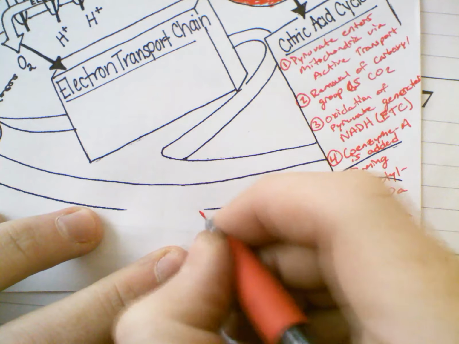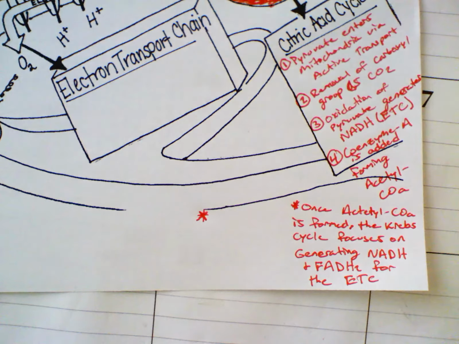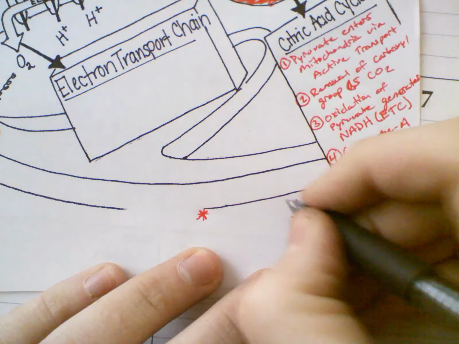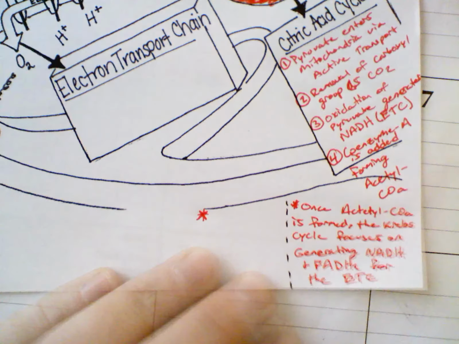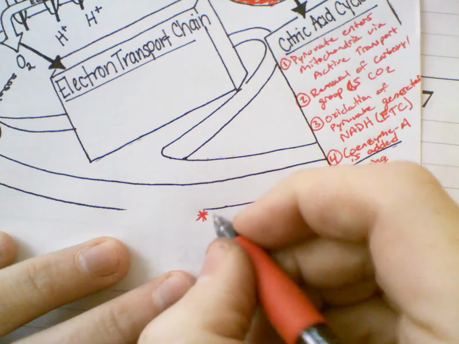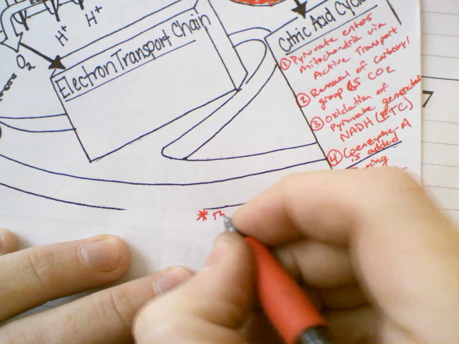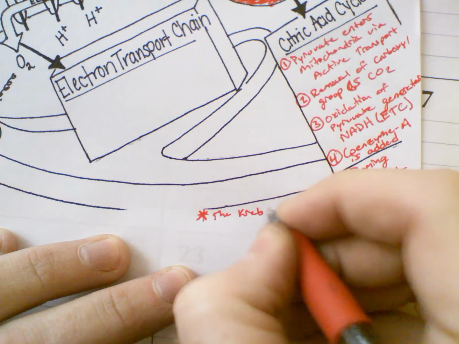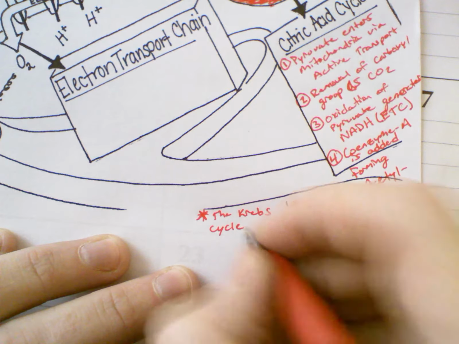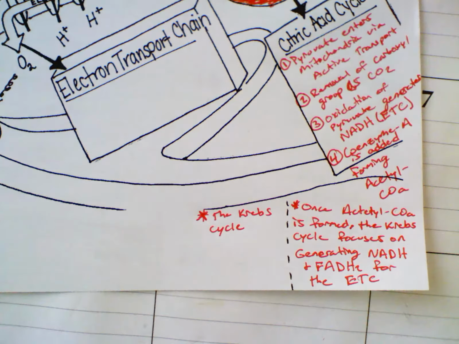So here's the main point for the Krebs cycle. Let's separate these. The Krebs cycle harvests all of the stored energy from the pyruvate.